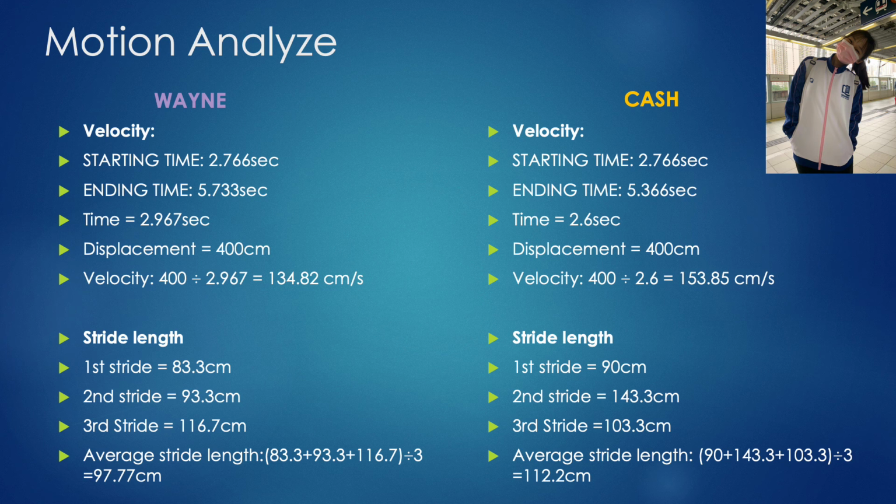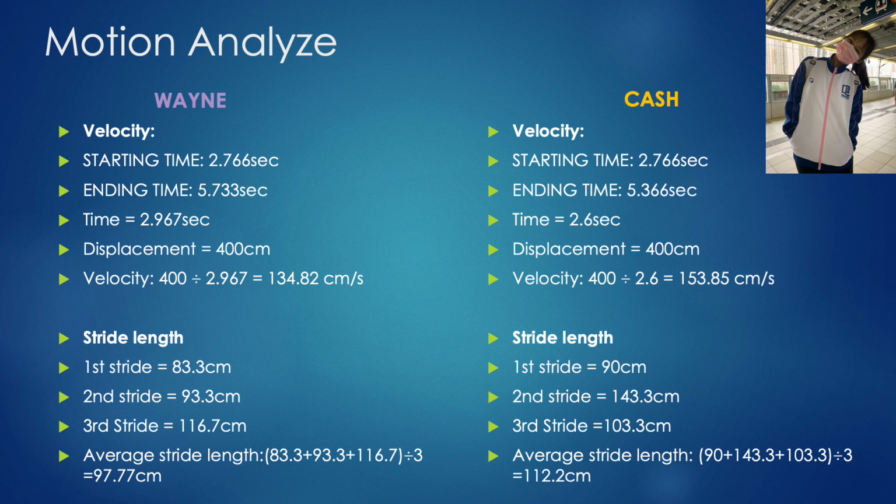Therefore, the velocity of the full motion can be calculated by the displacement over time, which is 134.82 cm per second. Next, the first stride length of Wayne is 83.3 cm.